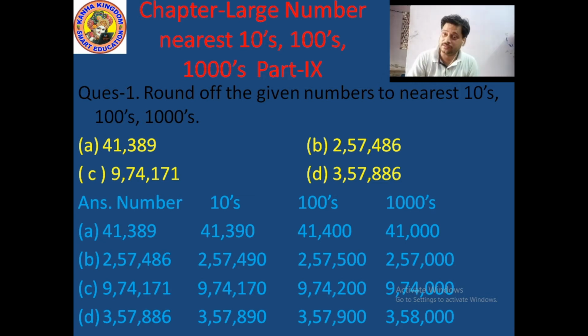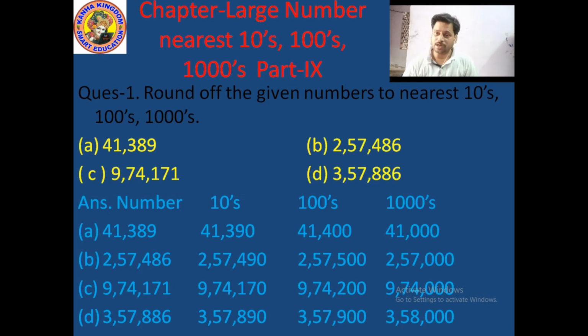No. Why? Because the 100 place is less than 5. So nothing changes in the 1000 place, and the rest of the numbers are the same. So the exact answer is 9,74,000. Once again, 9,74,000. Understand? I hope you all understand.